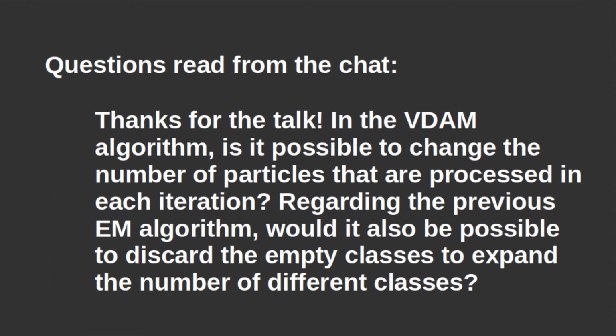The way the expansion of the number of classes is done actually depends on the gradient, so you wouldn't be able to do it in the same way. You could probably write something else, but we haven't done that and haven't tested it. So in the EM algorithm, you can currently not do this. As for changing the number of particles that are processed, I think there is a way to. I would have to check actually.